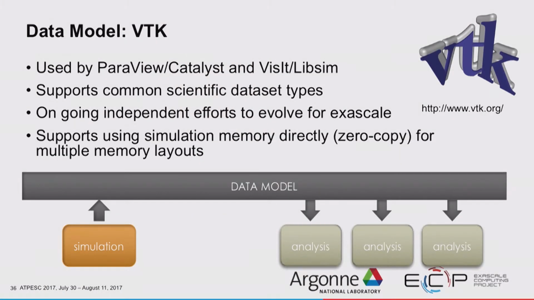So the data model, as I anticipated, is based on VTK, the Visualization Toolkit. And there's an advantage there because ParaView and VisIt are essentially based on VTK. So it simplifies things. And also, one of the main advantages in recent versions of VTK is that it enables zero copy.